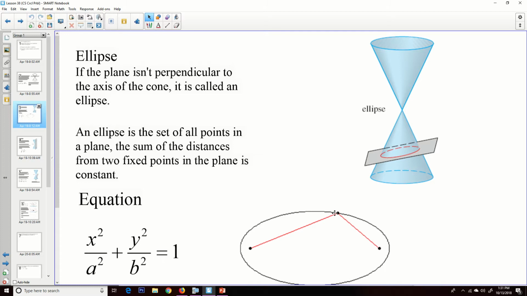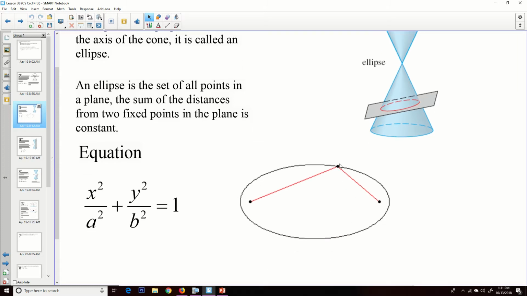And so the way you look at it here is that no matter where this point is around the ellipse, when I add up the distance of the two red lines, I get the same value. And if you remind me in class, I will show you the super fabu magic string of mathematics to draw an ellipse, and you will see these parts in class.